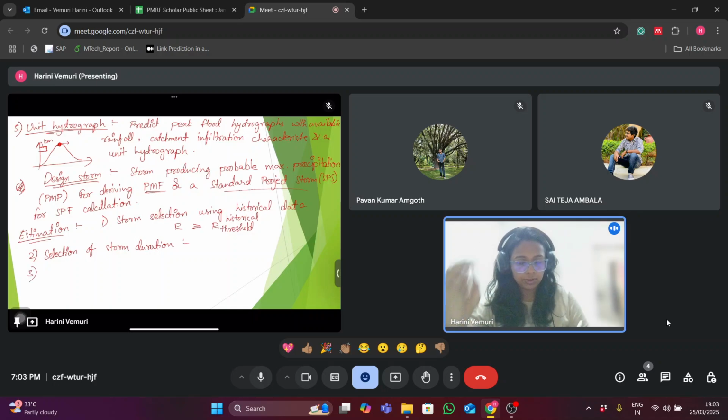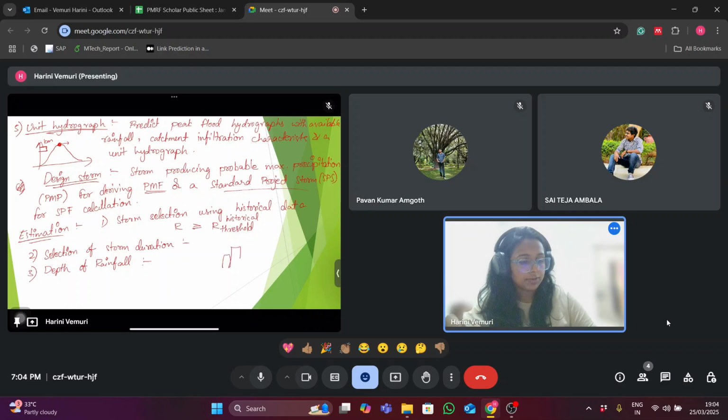Okay. Then what we will do is calculate the depth of rainfall. So the hydrographs that are derived from the historical data represent the time distribution of the precipitation. Okay. And from that, we can calculate the PMP, probable maximum precipitation, which is the greatest depth of precipitation available in a particular place during a given duration.